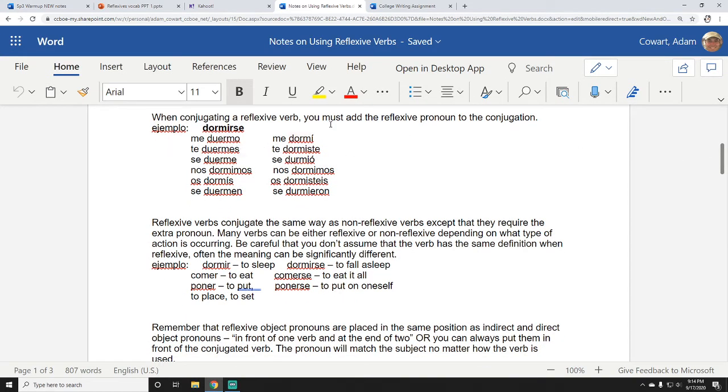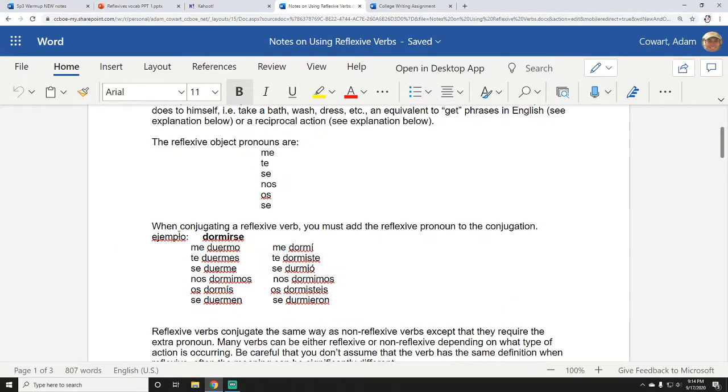This is saying whenever you use one, you have to add these in. Like, for example, dormirse: me duermo, te duermes, se duerme, nos dormimos. Every single time you have to have one because you need to know who's receiving the action. This is the same thing, but in the past tense, the preterite. Me dormí, te dormiste, se durmió.